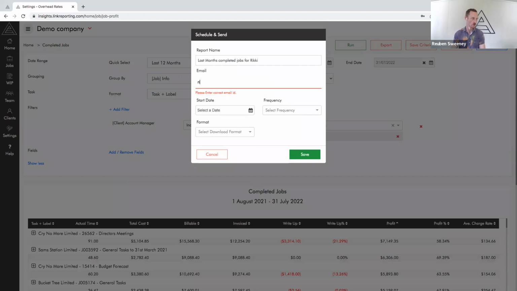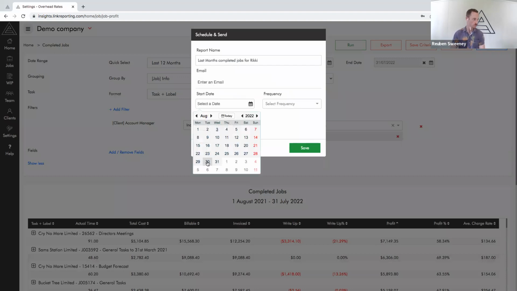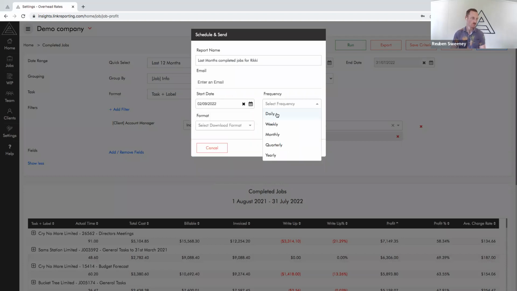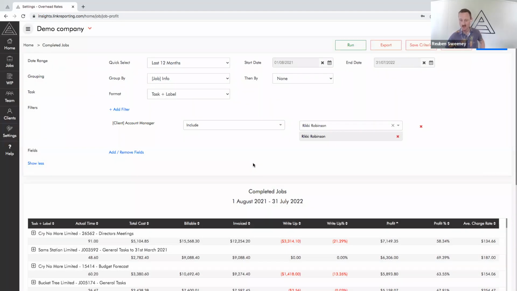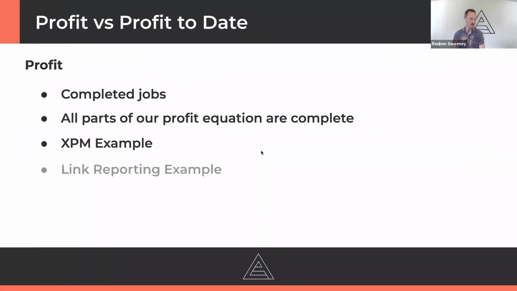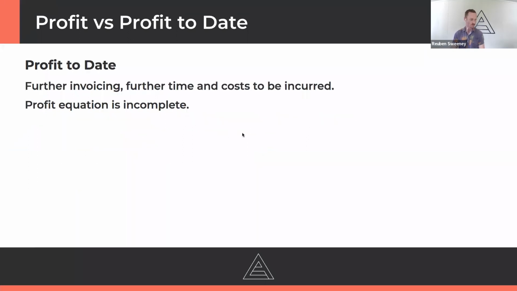Send that to Ricky at probably the second of the month would be a good date and time, every month as a PDF or CSV, Excel, whatever. That way, Ricky can just get that information and he can go and dive deeper. So information comes to him. That was our link reporting example of profit to date.